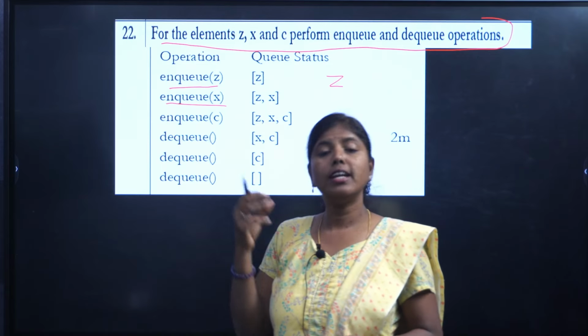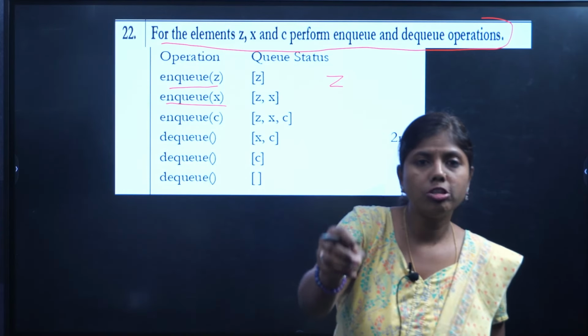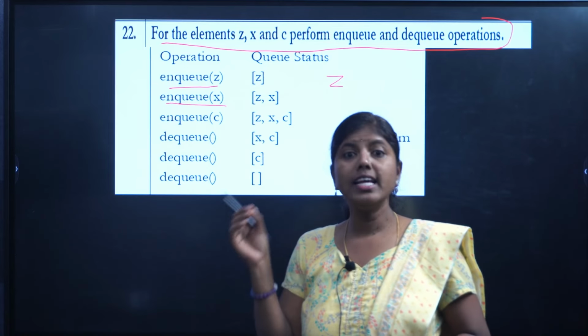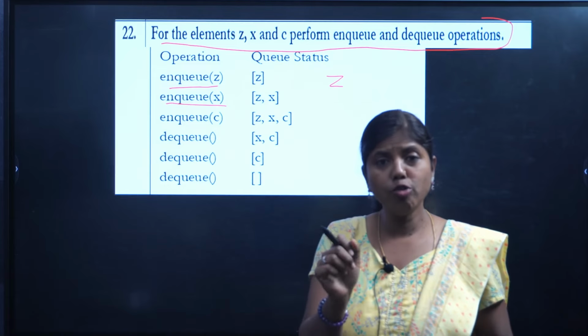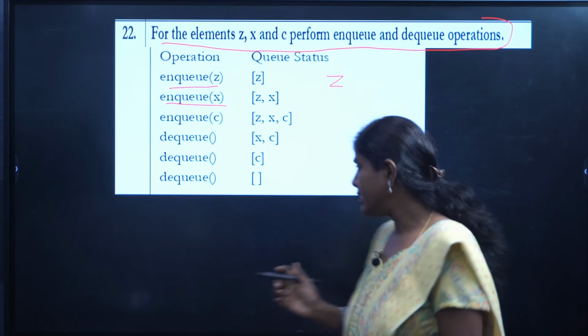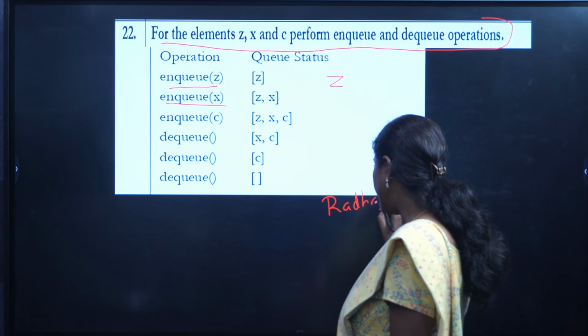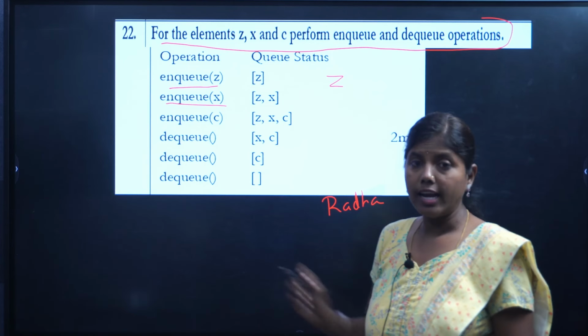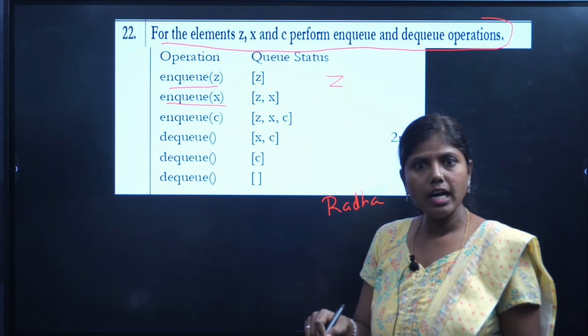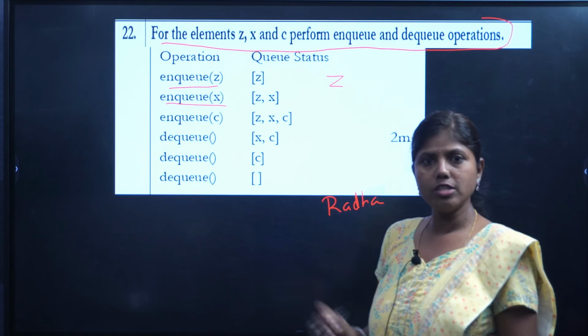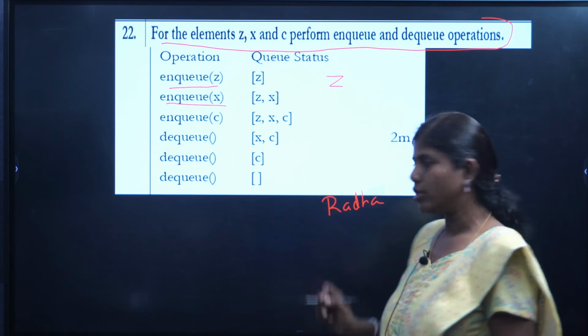NQ is what? Inserting an element into the queue. For example, take one example: there is Radha here, then Krishna, and then Keshav. Radha is asking me the doubt now, and Krishna comes. Will Radha allow Krishna to ask the doubt first? No. Radha will ask the question first.